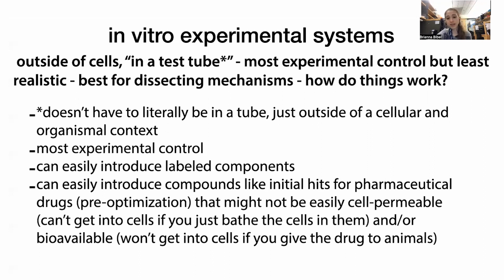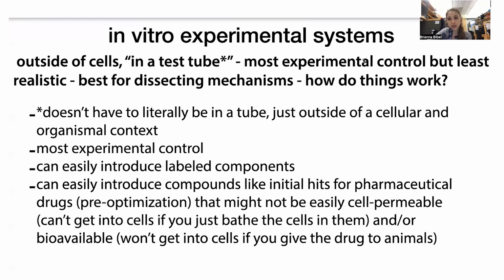So this can be things like initial hits for pharmaceutical drugs. Before they optimize them, they often do screens to find potential hit compounds and then further optimize them, making them more bioavailable so that when they get into the body, they're not just going to get broken down or excreted, and they're actually going to get into the bloodstream and then into the cells and that sort of thing.